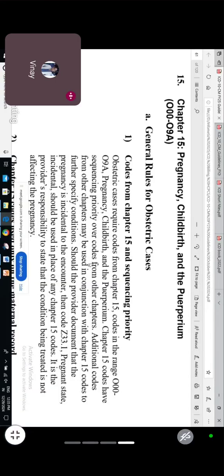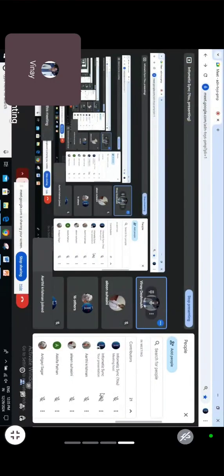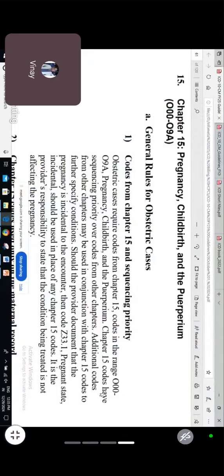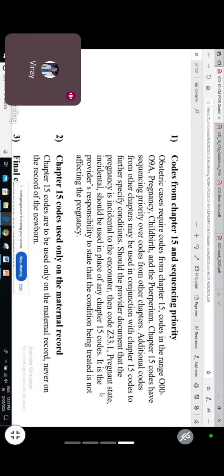This code is only and only for the maternal record. That is the second guideline. Suppose a lady comes for delivery, she delivered a baby. The baby now has an individual identity.